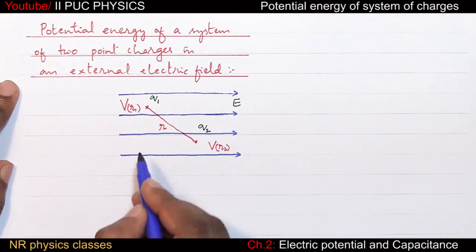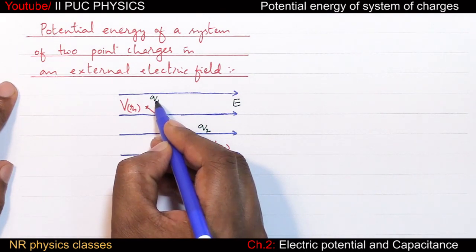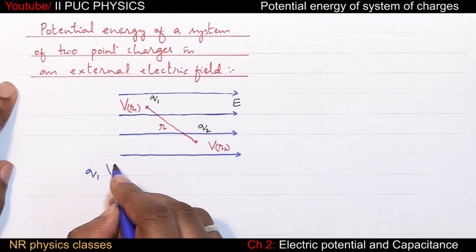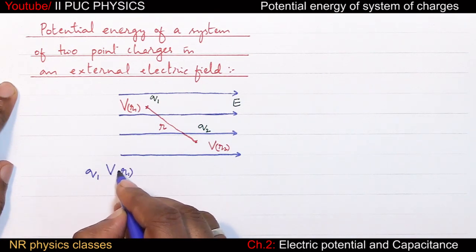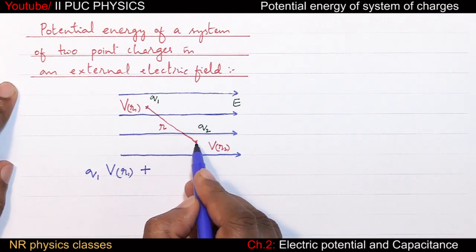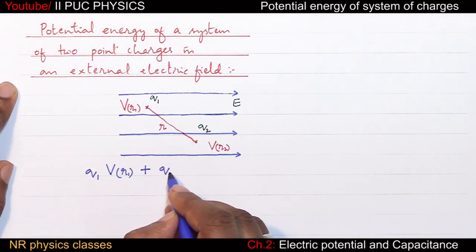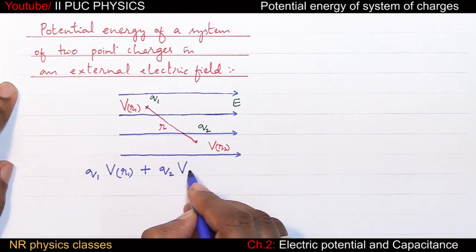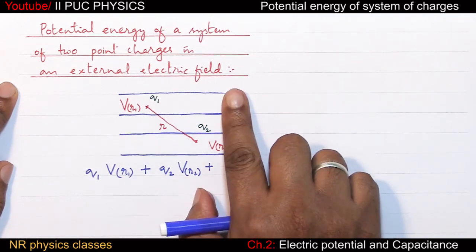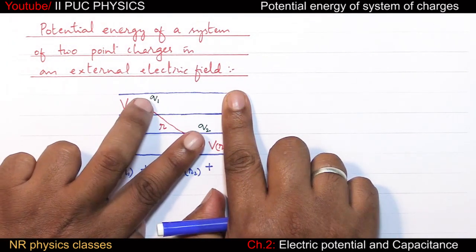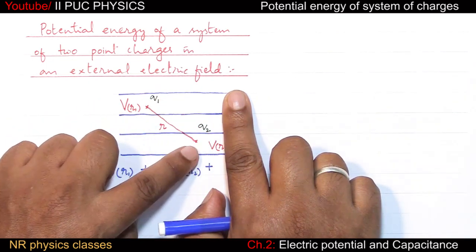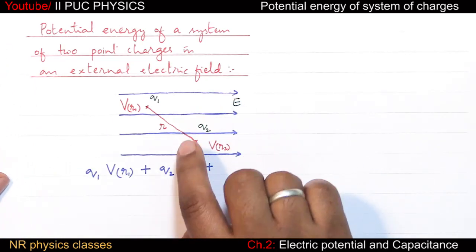Therefore, this Q1 has potential energy Q1 into V(r1). Q2 has potential energy at this potential, Q2 V(r2), plus, forget the external electric field, because of these 2 charges separated by distance r, the 2 charge system has potential energy.